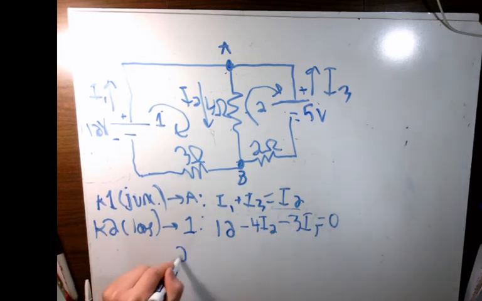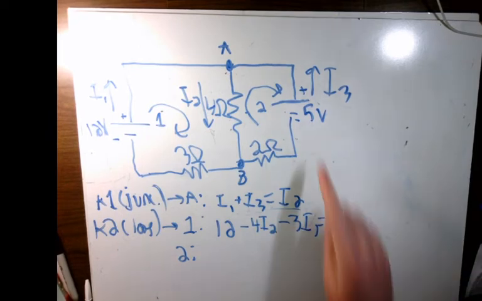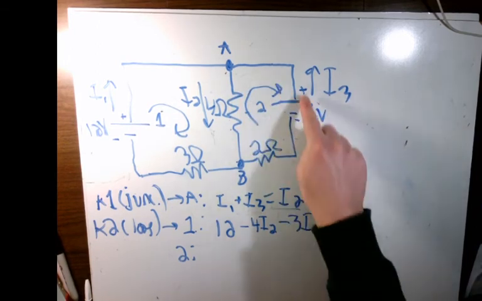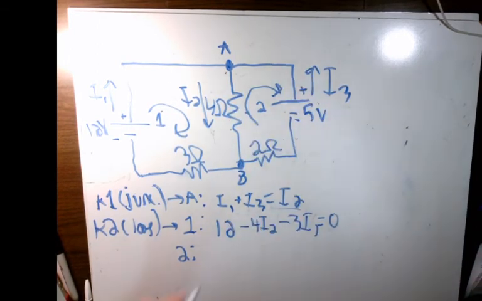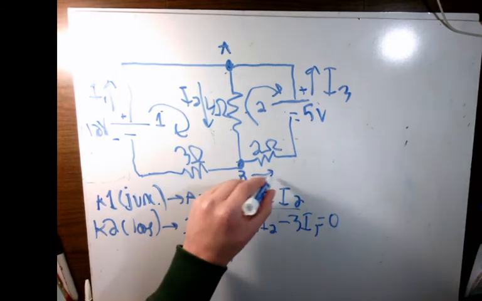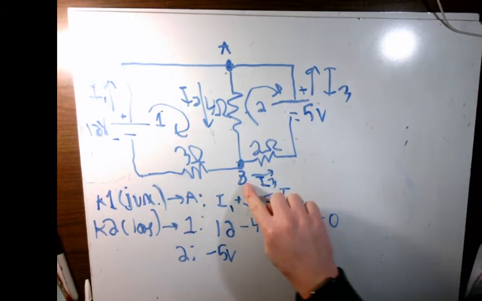And our second loop. Now I've drawn it backwards, so we're going to see weird things happening. We've got negative 5 volts because we're going in the opposite direction of the conventional current. And continuing along our loop, we have the current I3 flowing in the opposite direction.